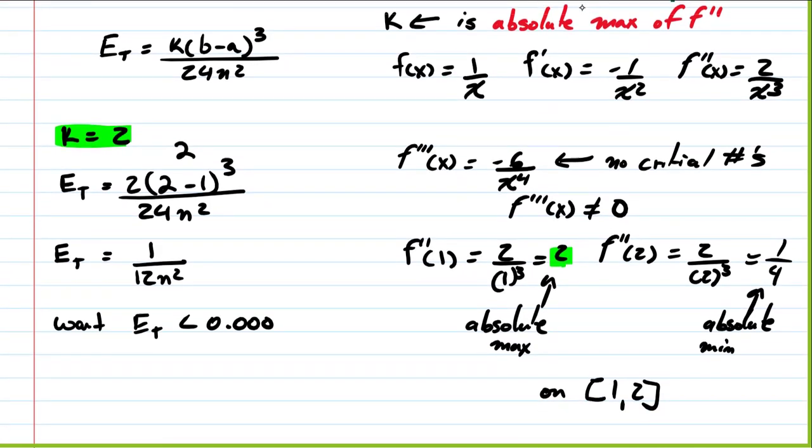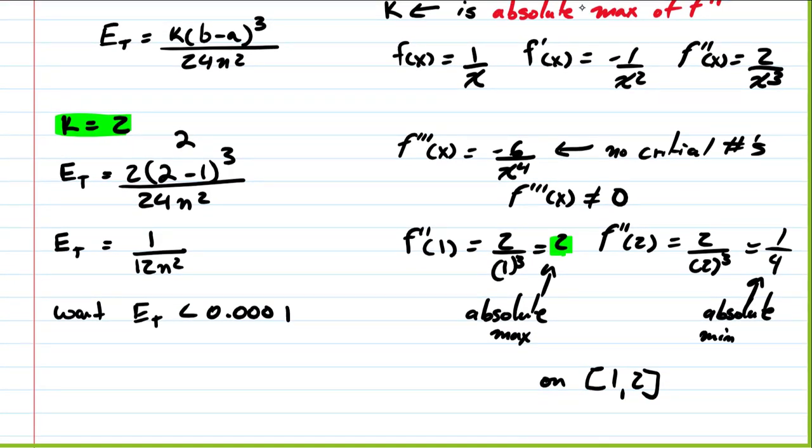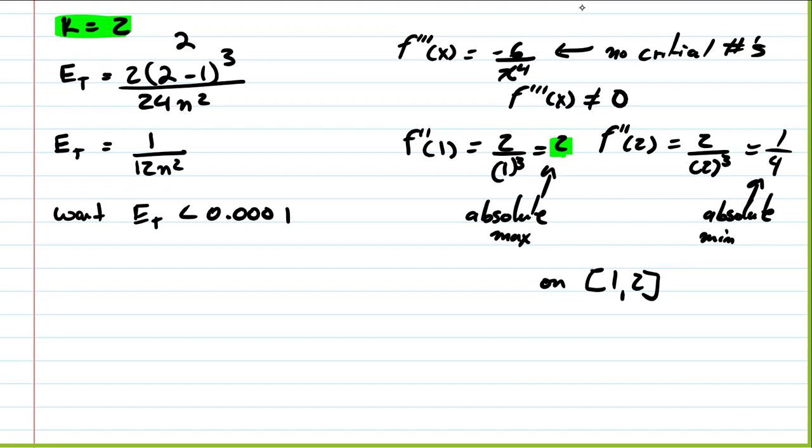Just 3 zeros. So we have 1 over 12n squared is less than 0.001. Let's go ahead and write that as a fraction. Tenths, hundredths, thousandths, so that's 1 over 1,000.